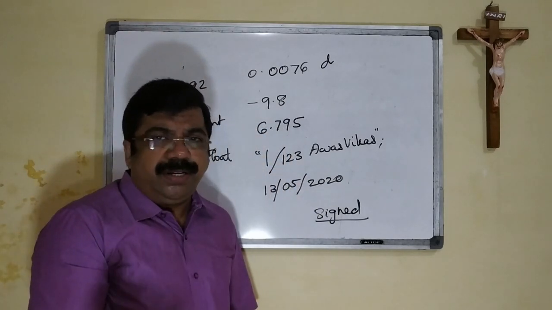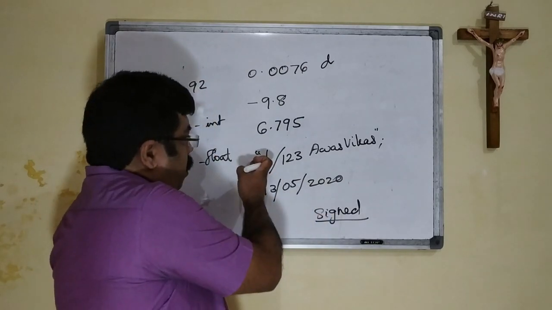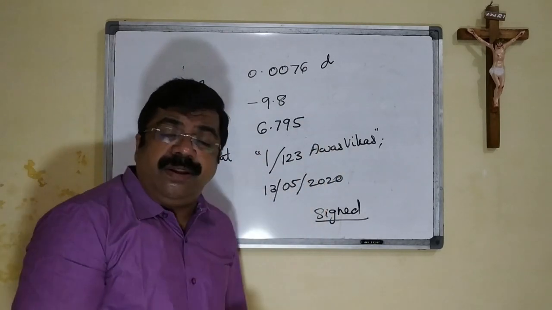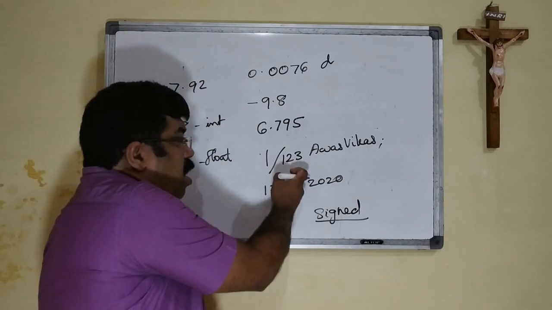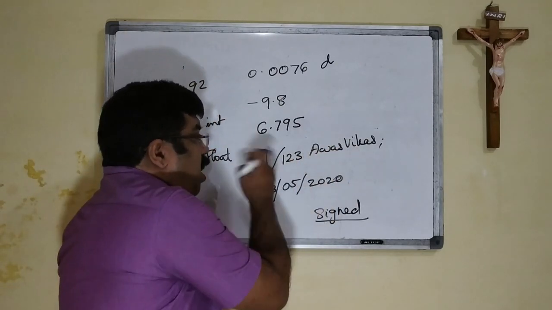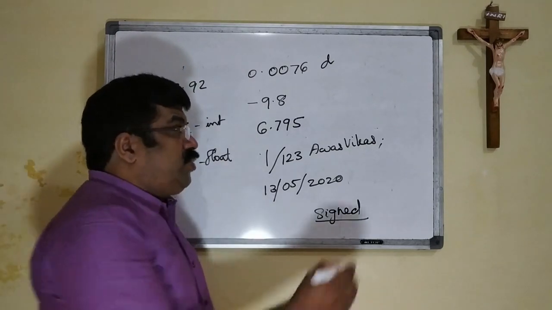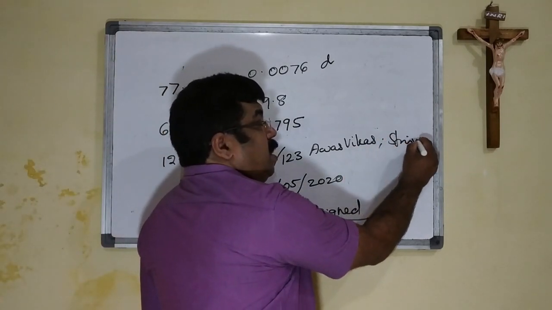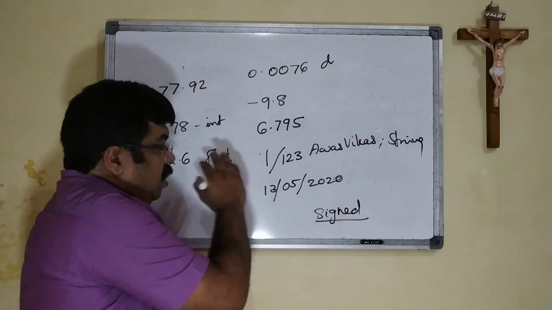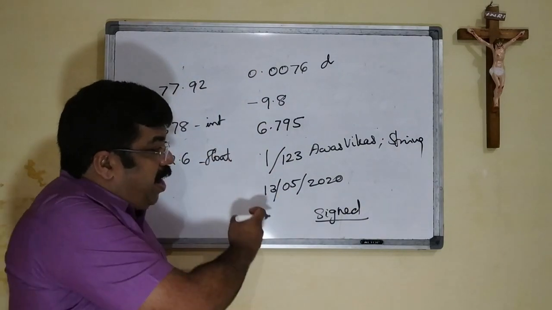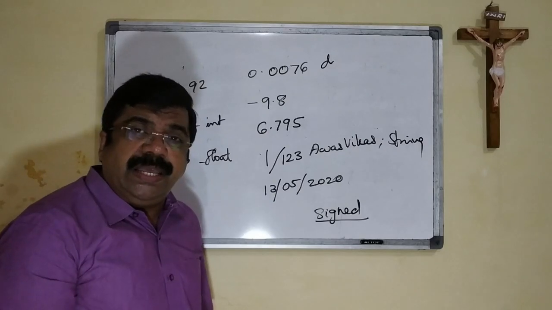Okay, next, 6.795 double. Within double quotation, we have numbers as well as letters and special symbols. The best suitable one is string. Then 13/5/2020.